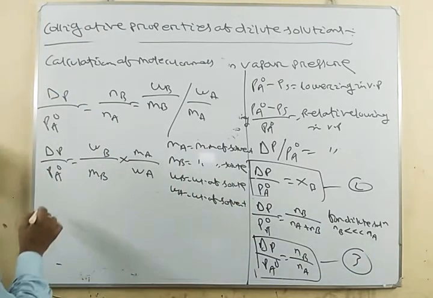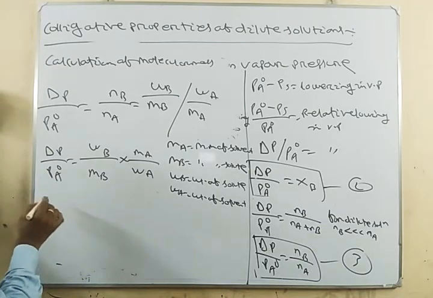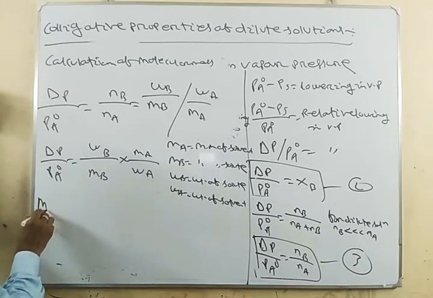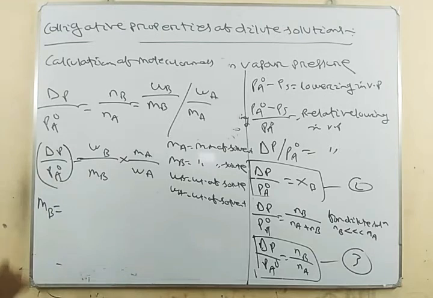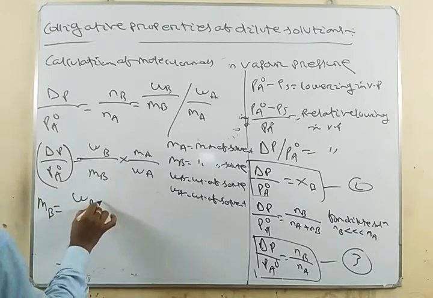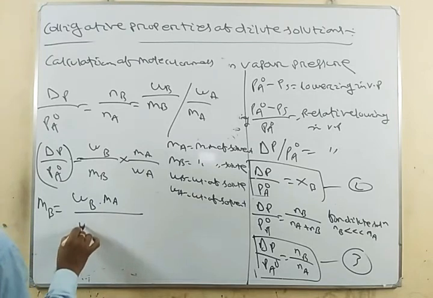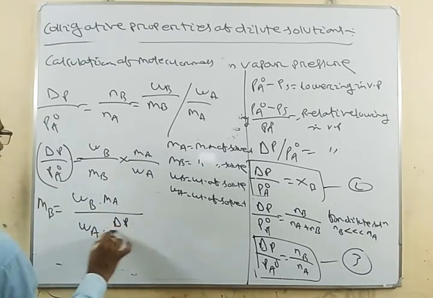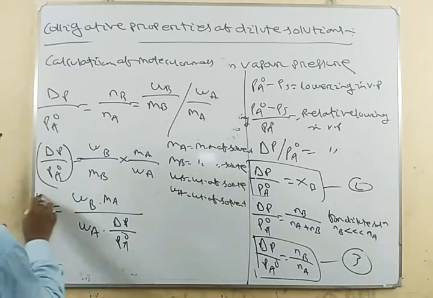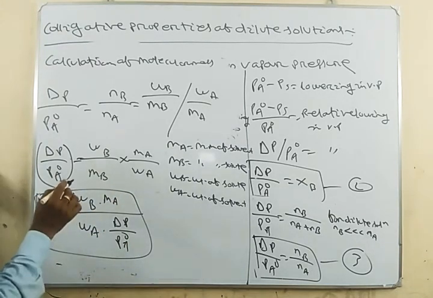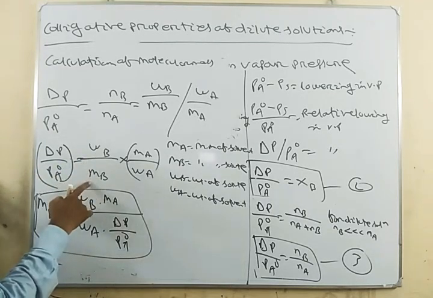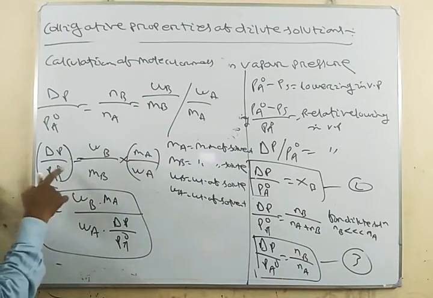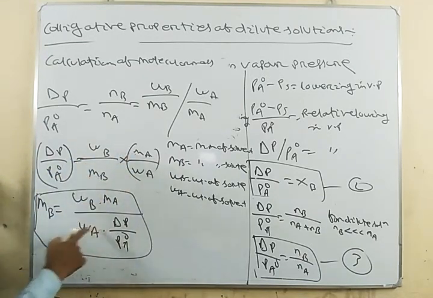So now we can write delta P by PA naught into MB is equal to WB into MA by WA.